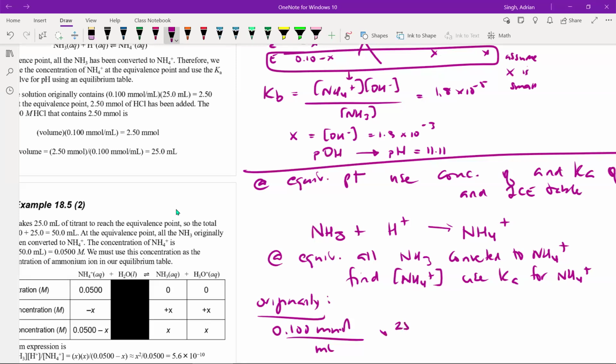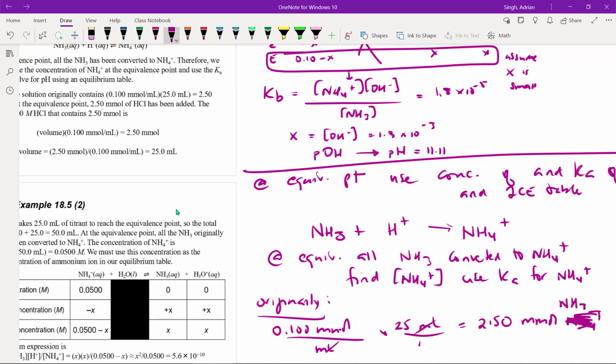Then we have 25 milliliters of it. Okay, so that's going to give us how much? 2.50 millimoles of the NH3.